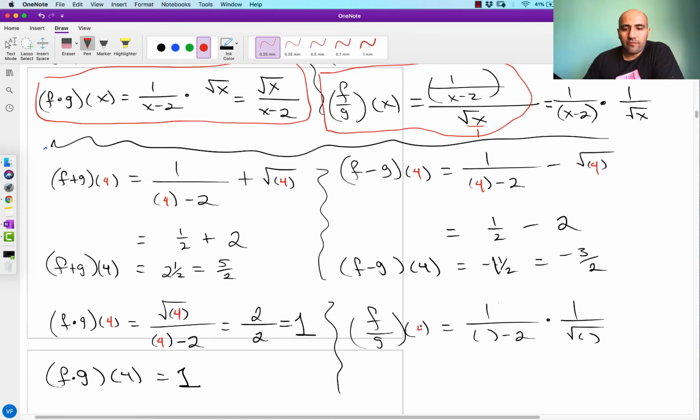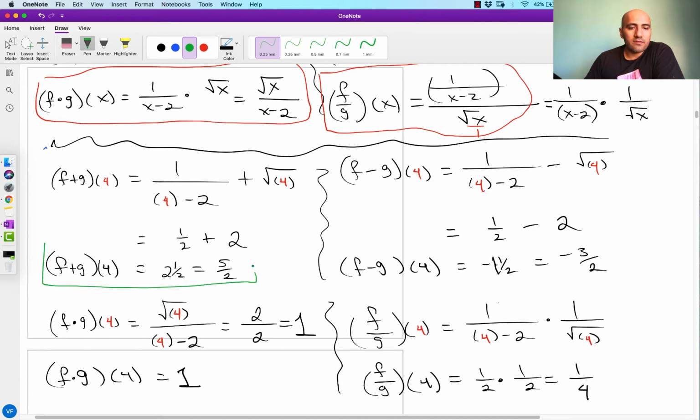And so we're going to put a 4 there, a 4 there, and a 4 there. And so we end up with f divided by g evaluated at 4 is equal to 1/2 times 1/2, which is equal to 1/4.